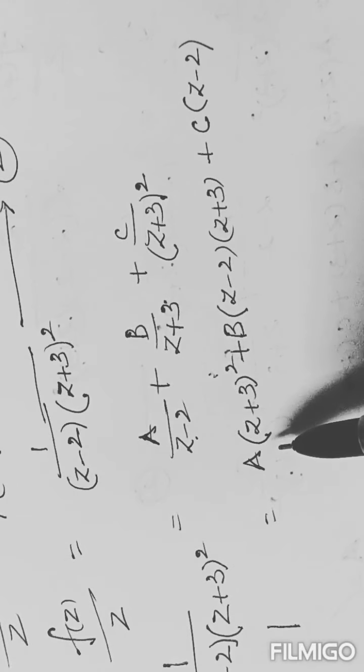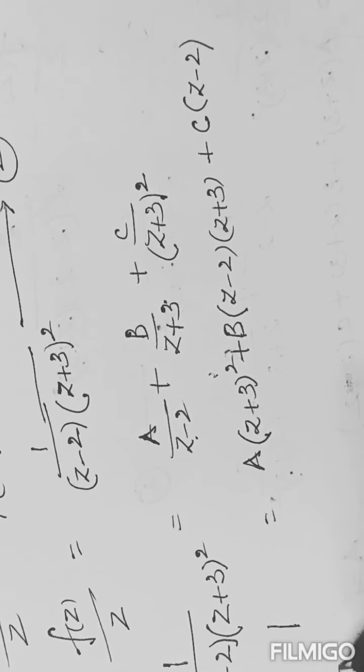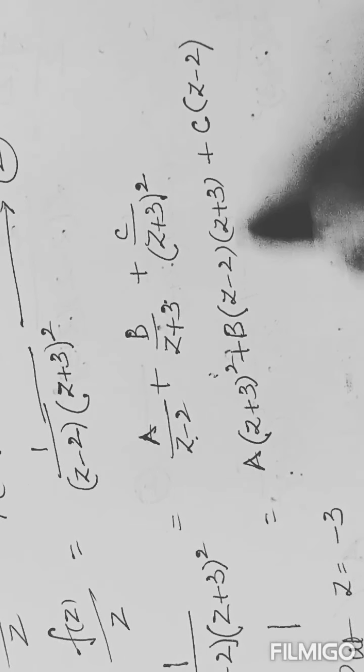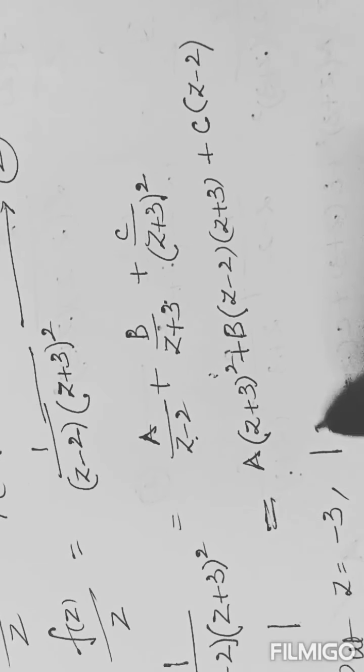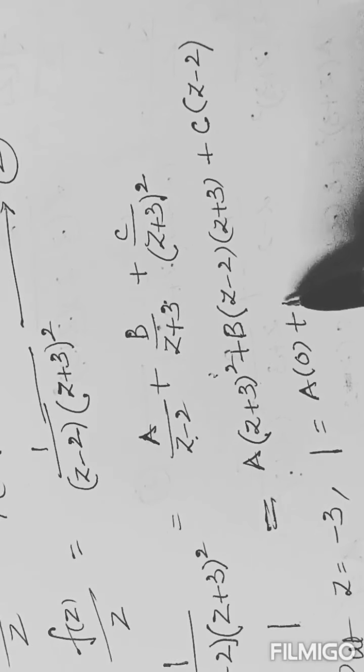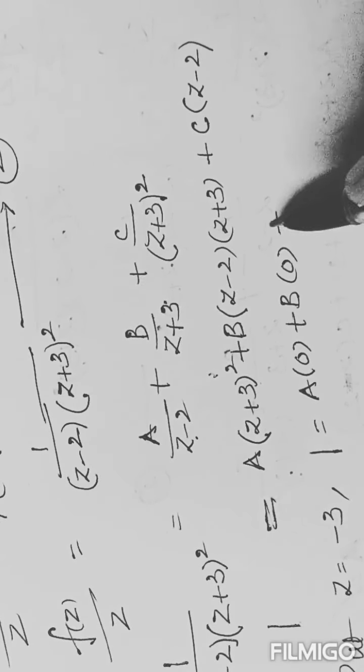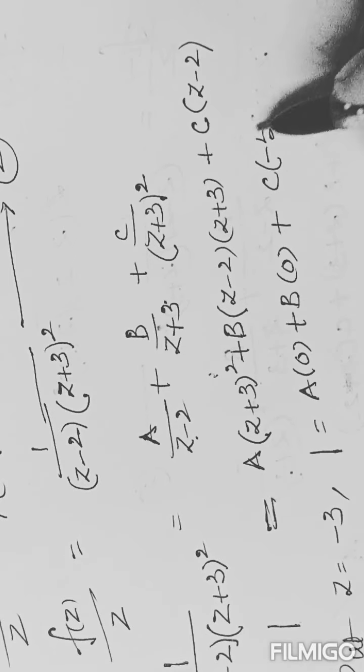Now to get the constants A, B, C, put z equal to minus 3 on both sides of the above equation. The left side is 1. This is equal to A into 0, B into 0 plus C into minus 5.